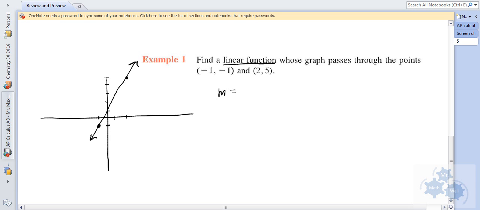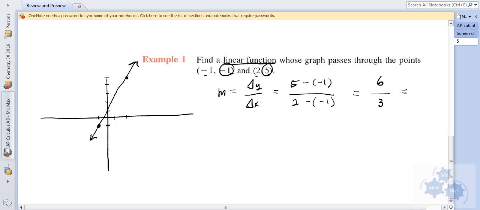You know that the slope is the rise over the run, which actually is the difference in values for the y, so that's 5 minus -1, divided by the difference in values for the x's. That's 2 minus -1. This is 6 over 3, or 2. Remember, subtracting a negative is like adding. So, that's your slope. Slope of 2.